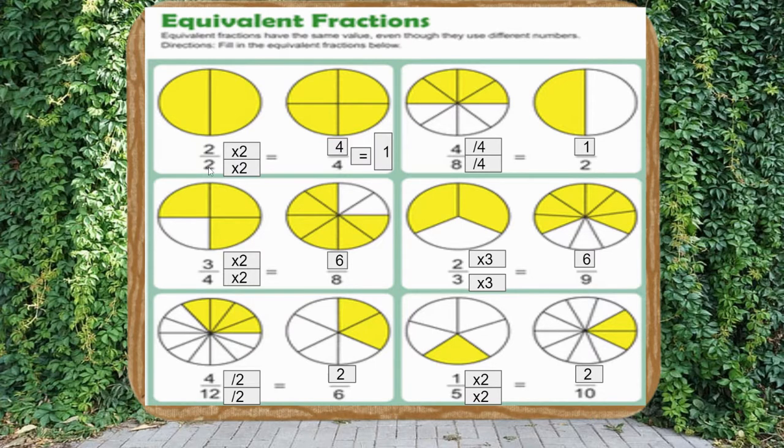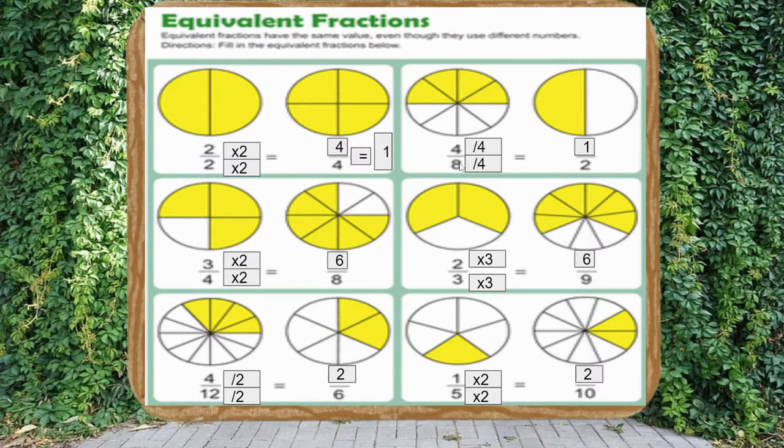And if we take the denominator, multiply it by 2, we get a 4 in the denominator. As you can see, this circle here has 4 equal parts, and that's our denominator here. And then the 4 parts are shaded. That's our numerator here, which equals 1 whole. The whole circle is shaded. That means 1 whole circle is shaded. So these two fractions are equivalent to one another.